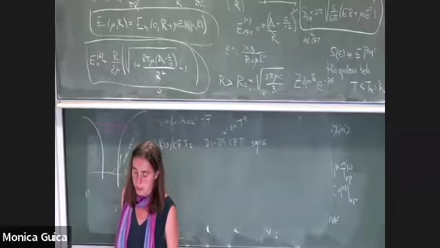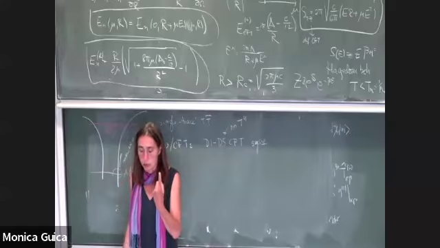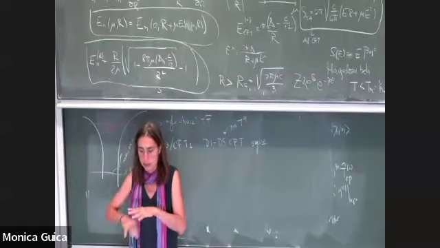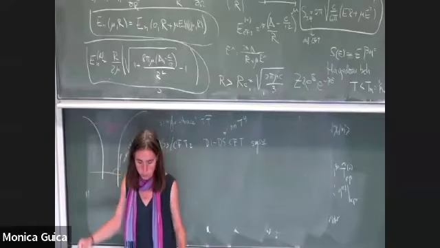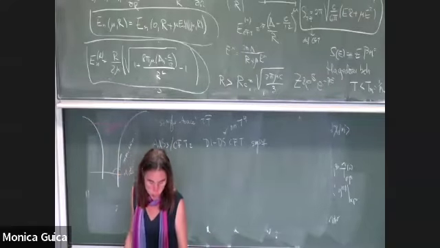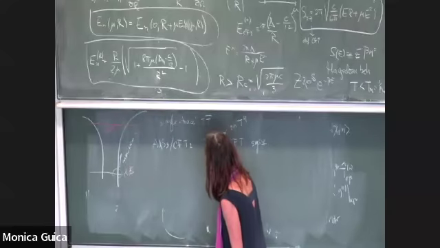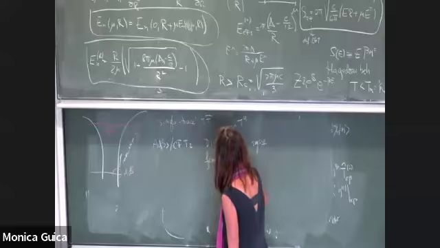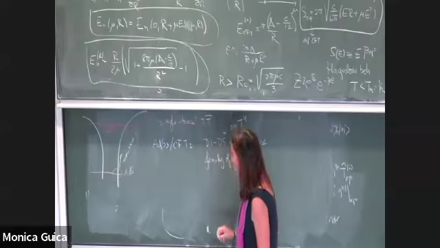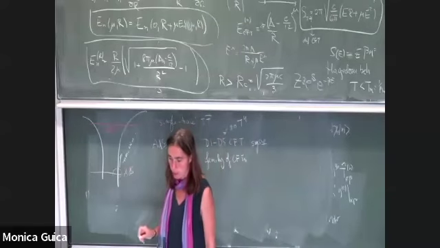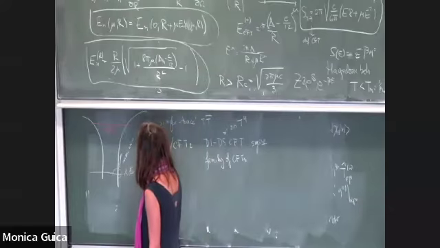When I say D1D5 CFT, it's not actually just one theory. There's a full class of theories, a family of CFTs, which are related by exactly marginal deformations. So what's an exactly marginal deformation?